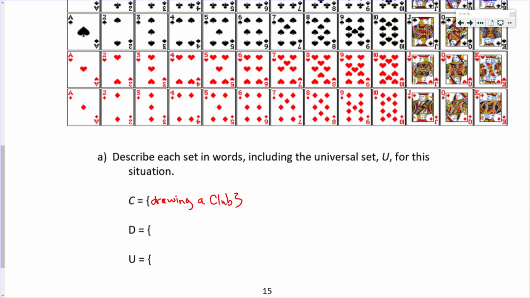D would be drawing a diamond. And our universal set would be drawing any card from a deck of 52.